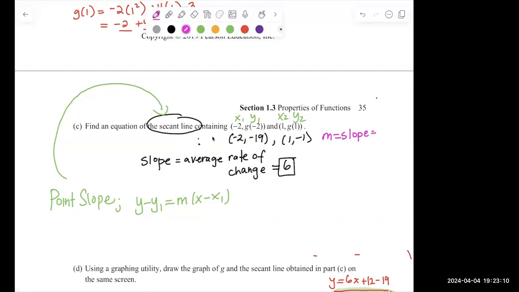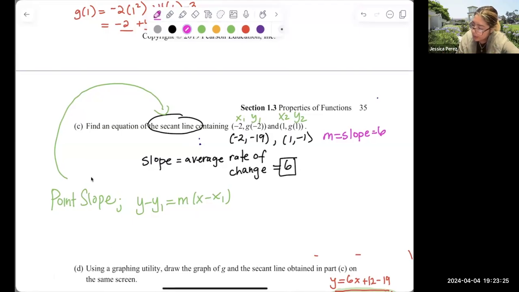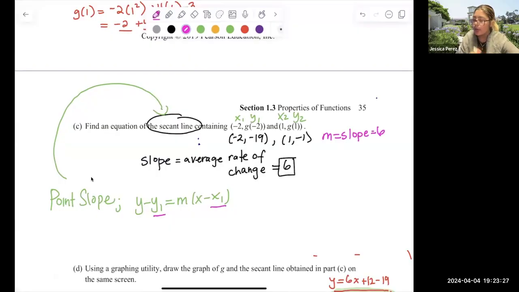And I see it on the chat. Yep, C. The answer should be 6. It's right here. So 6 is the answer for the slope. Now we just have to plug in x1 and y1, which is this one. So we do y minus y1, which is -19, is equal to m, which is 6, times x minus x1, which is -2.